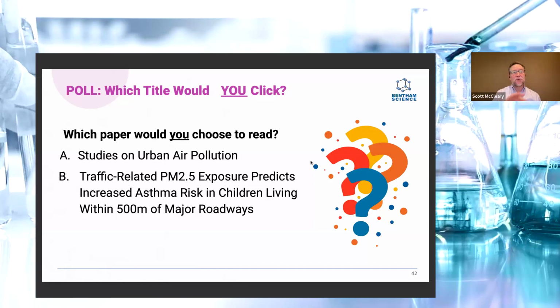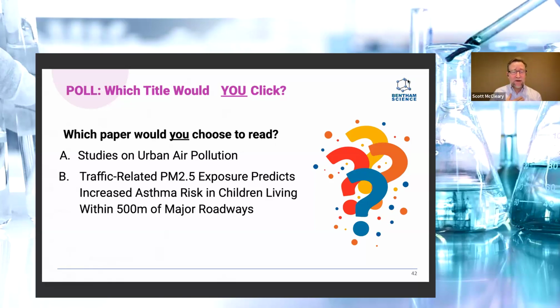I would say the best answer is probably somewhere in the middle. I would personally choose B because A looks a little bit, yes, it's short, it's concise, but there are probably many, many studies on urban air pollution. But B tells me something very specific about the paper. It's within about 15 or so words, which is slightly on the longer side, but it's still, I think, concise enough.